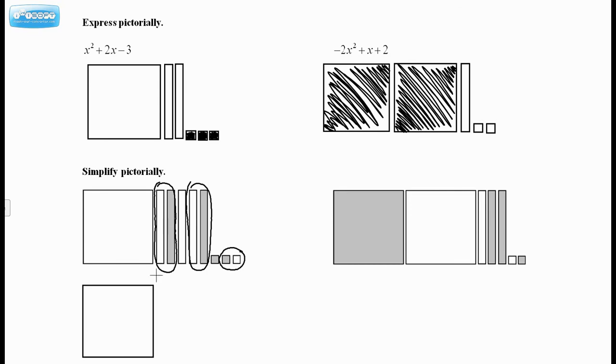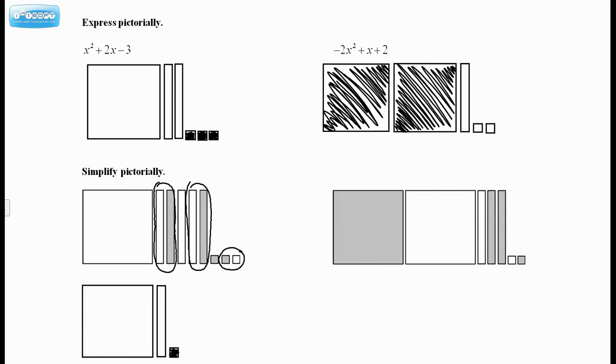Okay. And I have one white bar and one little square. But the little square has been shaded because it's negative. And we're done.